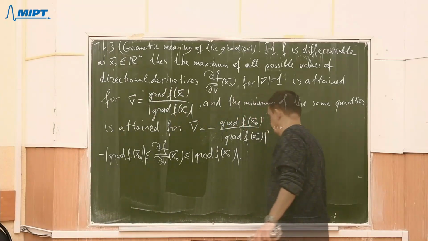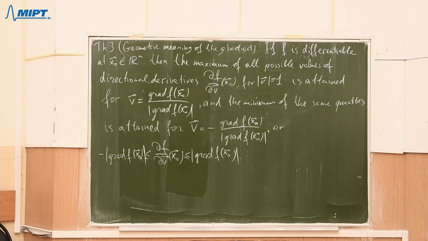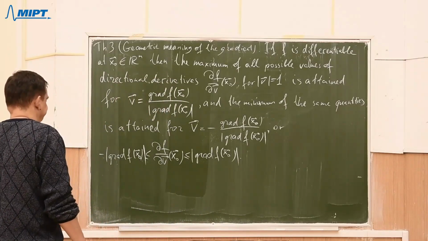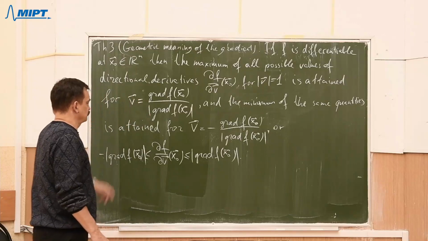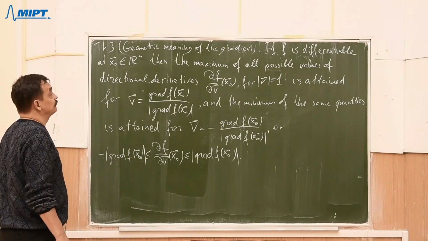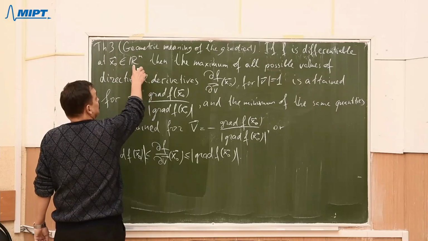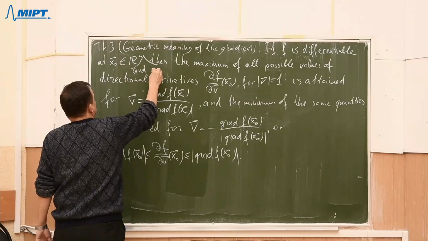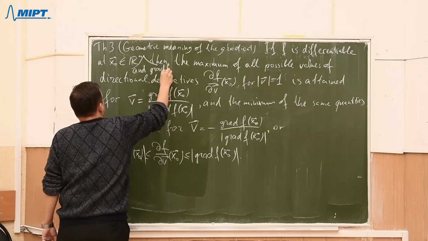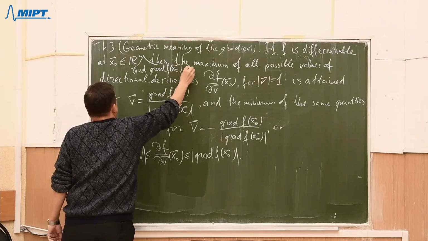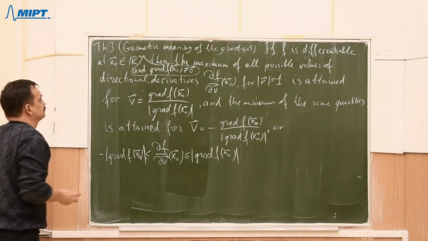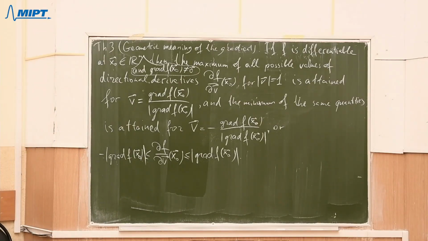Now, I don't like how I formulated it, because of course it makes no sense to write something which can be 0. So I should add here, if f is differentiable and gradient f at x naught is not 0, right? Otherwise it makes no sense.